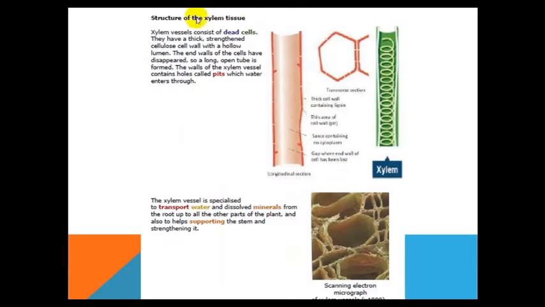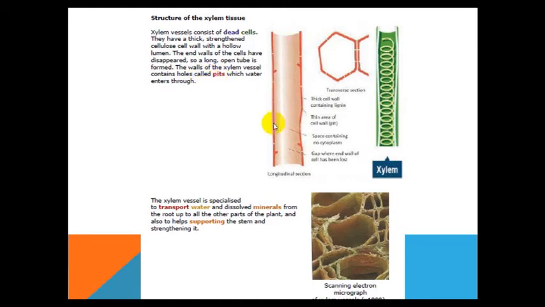Next, the xylem tissue is made up of dead cells. They are very thick and made up of strong cellulose walls with a hollow lumen. The inner walls of the cells have disappeared, so a long open tube is formed. The walls of the xylem vessels contain holes called pits.